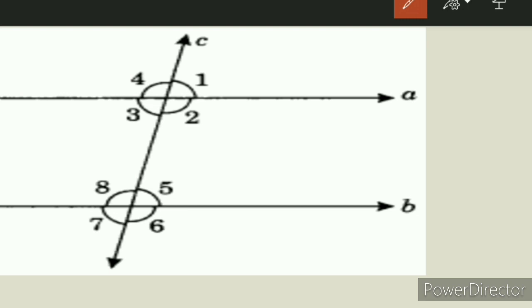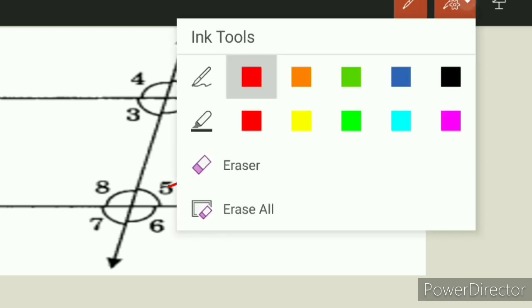2 are remaining. One is corresponding angles: above the parallel line, on the same side, and at the same time on the same side of the transversal. See, 1 and 5. Look at the angle positions. 1 is above the parallel line A, 5 is above the parallel line B. So this is the identification mark.